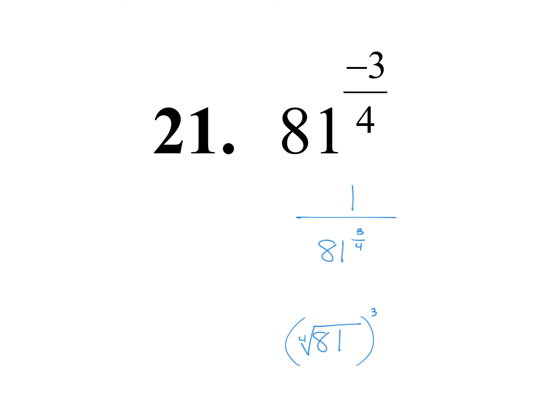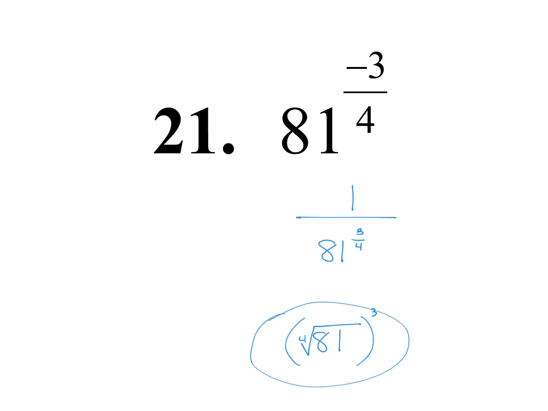The negative is the only thing that moves it to the bottom, or from the bottom to the top. To get rid of a negative, it has to go from a numerator to a denominator or a denominator to a numerator. But if it hadn't been negative in the problem, let's just say it was 3, if it was just 81 to the 3/4 power, your answer will be whatever this comes out to.